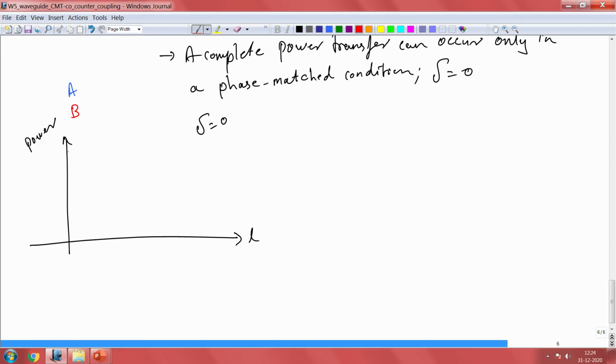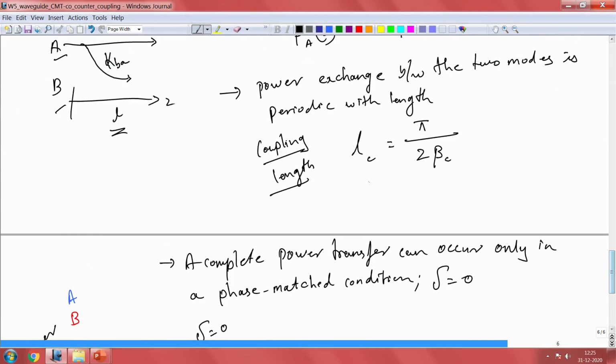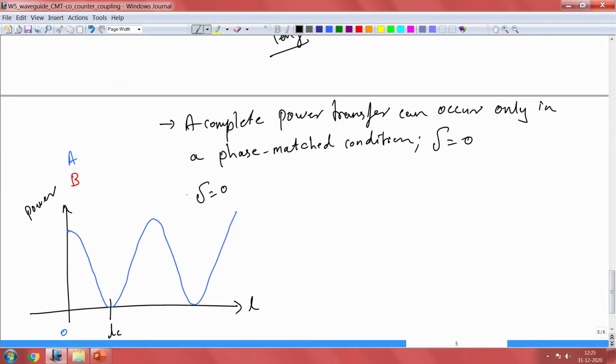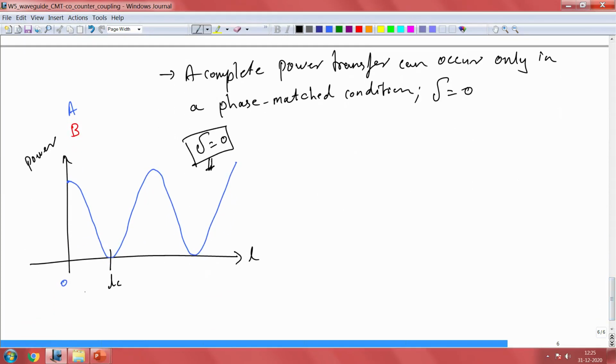When the length is 0, all the power is in A, but then it starts oscillating, and at a certain length LC, we saw here, you have maximum power coupling, that means at delta equals 0.